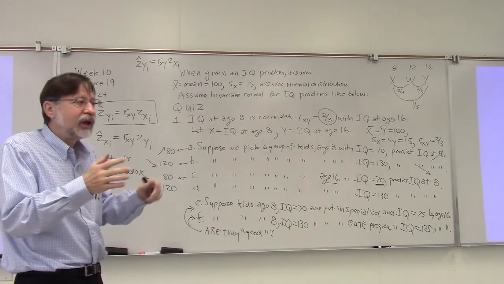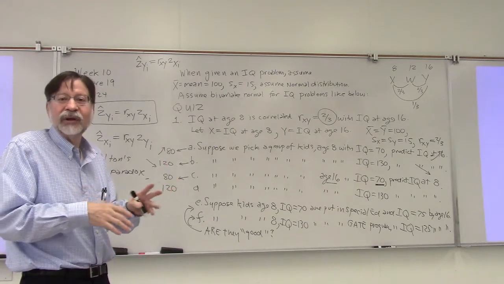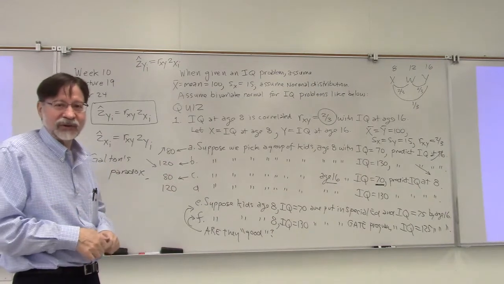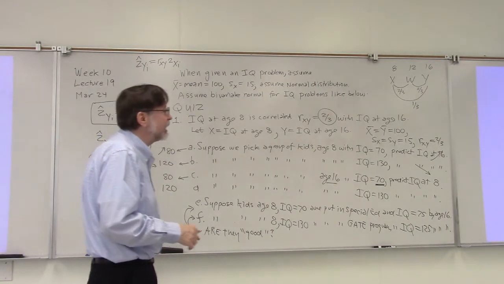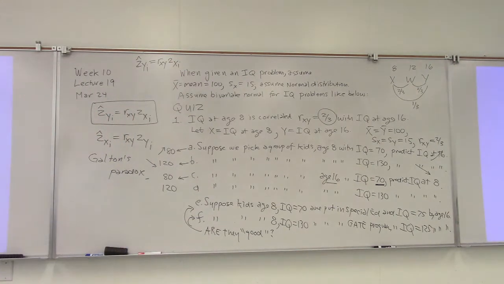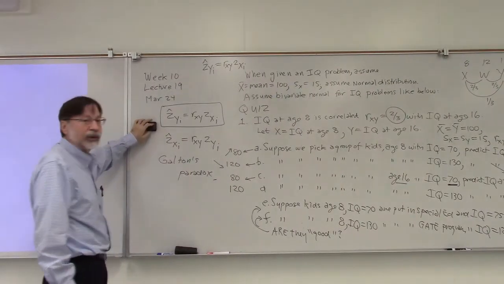So you could say plus and minus 1 standard error with 68% confidence, plus and minus 2 standard errors of regression with 95% confidence. We're not going to do confidence intervals in here, but when you take a stat course, they'll certainly teach you about all that. All right. Any other questions before we erase that?